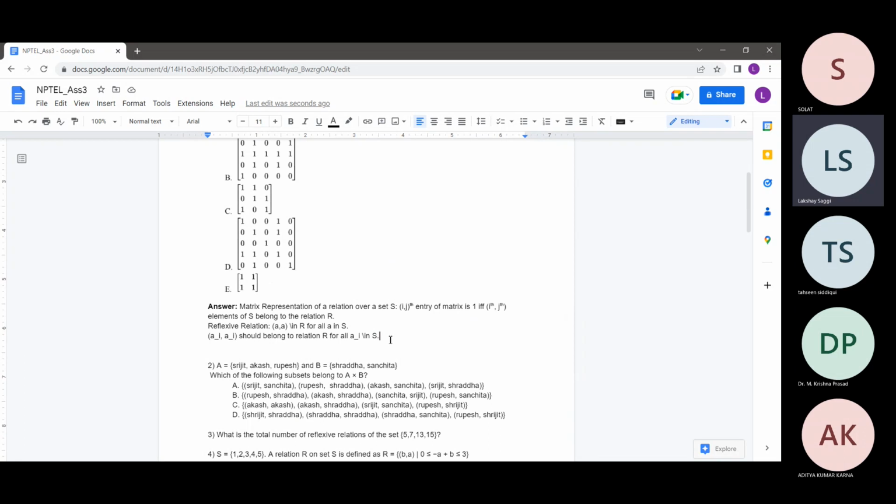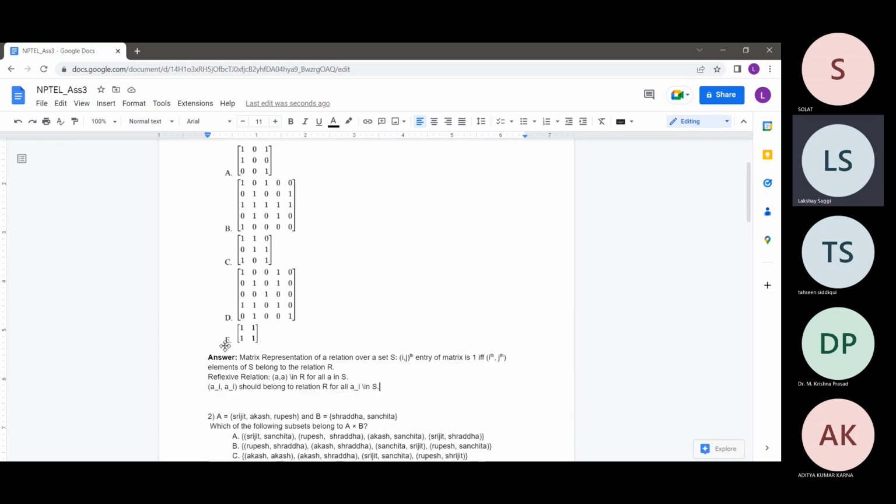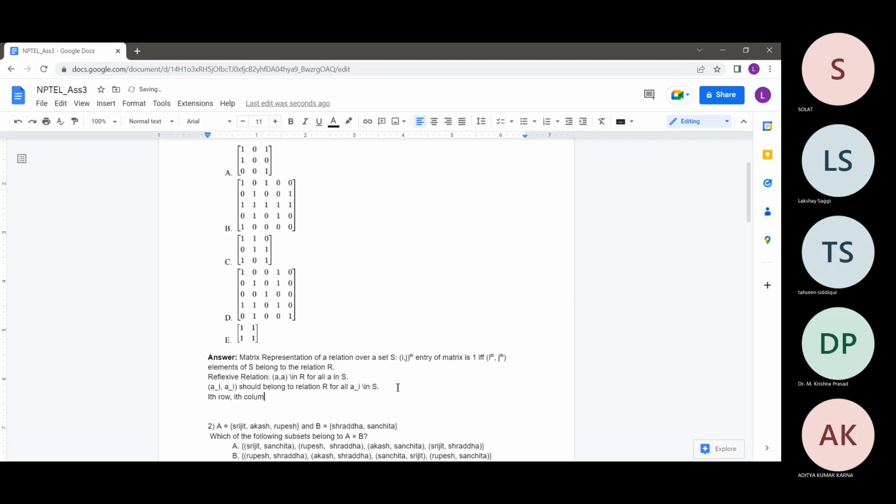So for this, I think it's straightforward to see that the (ai, ai)th entry will denote the ith row and ith column. So this means the entry at ith row, ith column should be 1, which basically would mean that (ai, ai) is related.